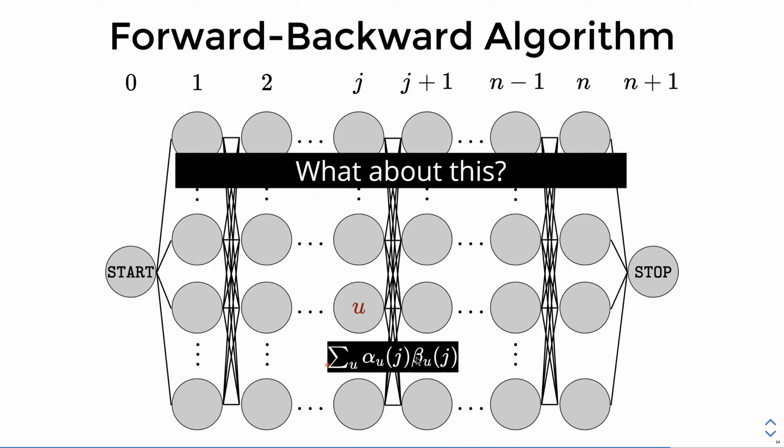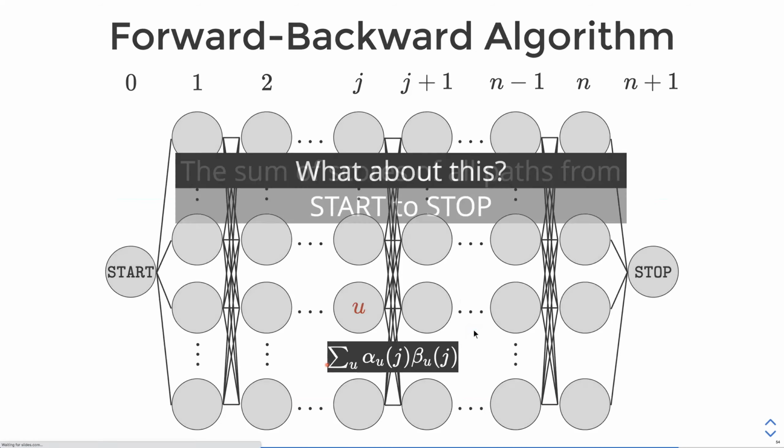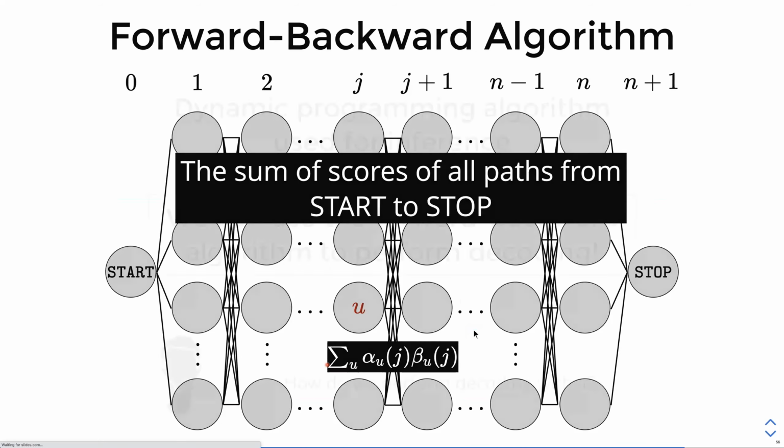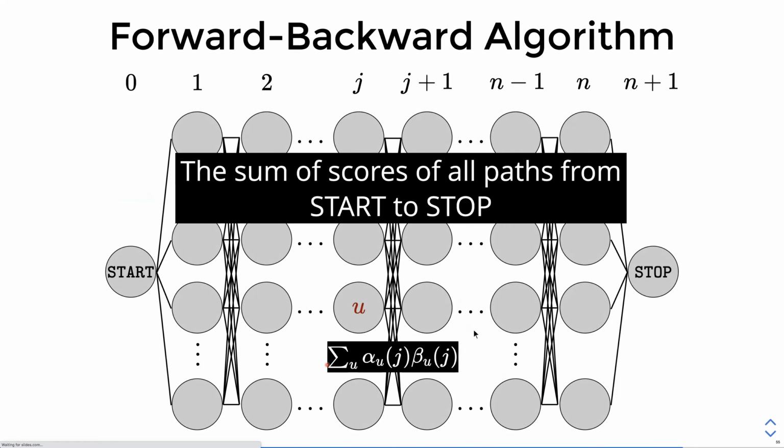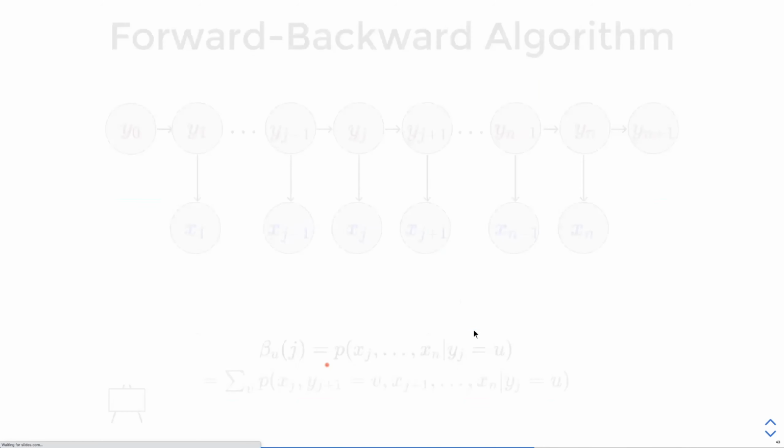No matter which J you choose, the score is going to be the same, because it's a score that involves all the paths connecting start and stop. So that explains the previous question that we asked.